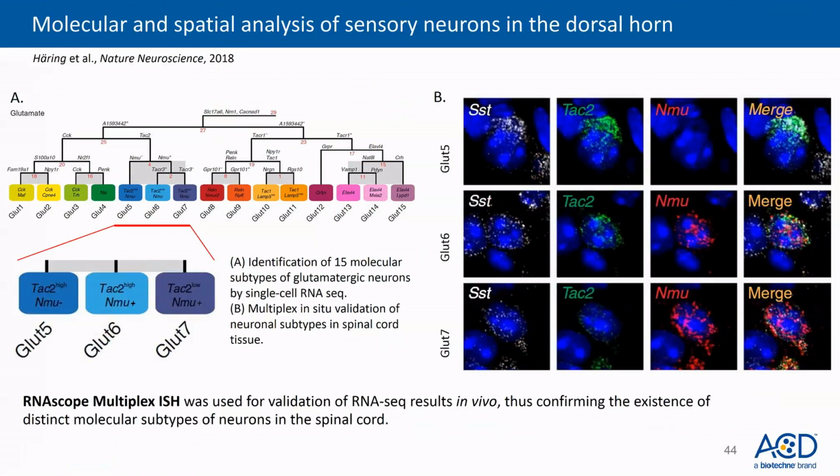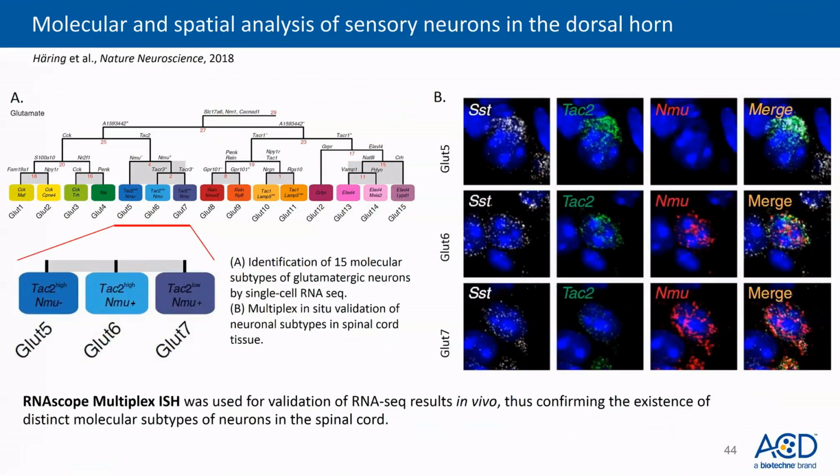As you can see, for TAC2 staining in green, the expression is high for GLUT5 and GLUT6, but it's low for GLUT7. The authors were able to confirm the staining for NMU gene as well.